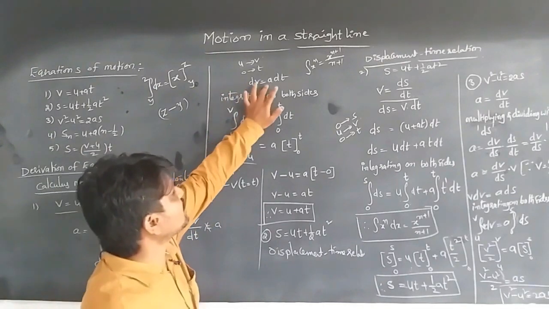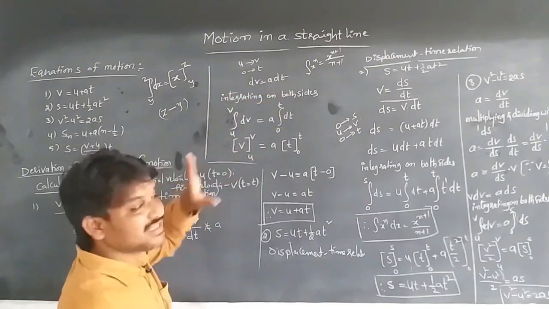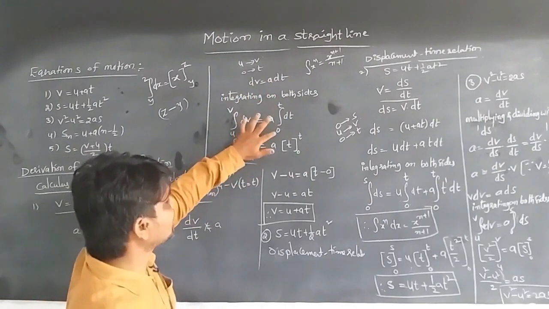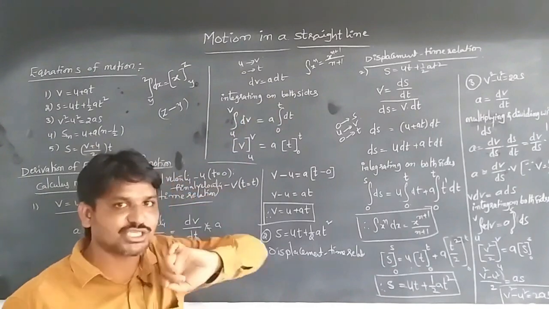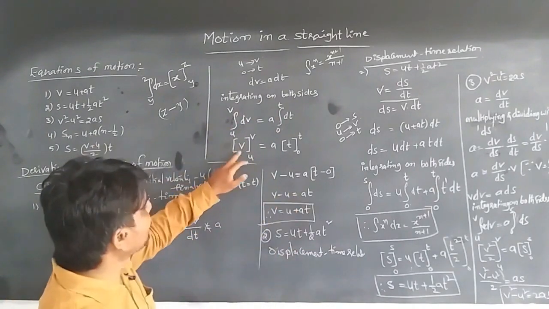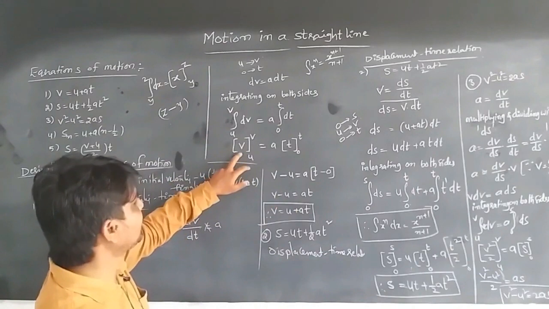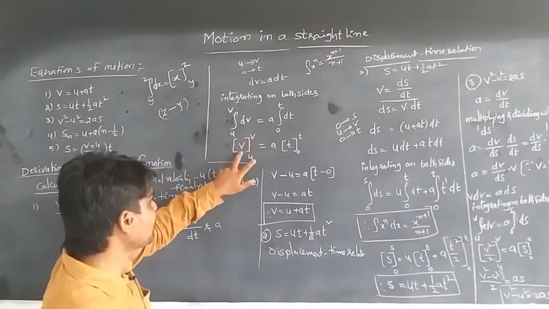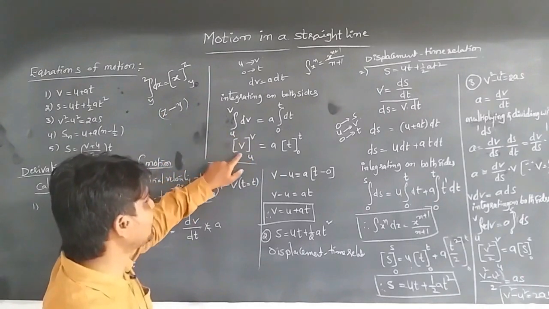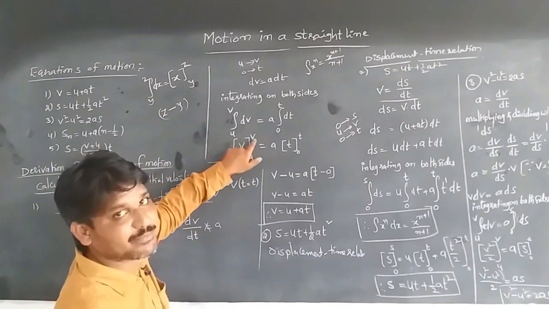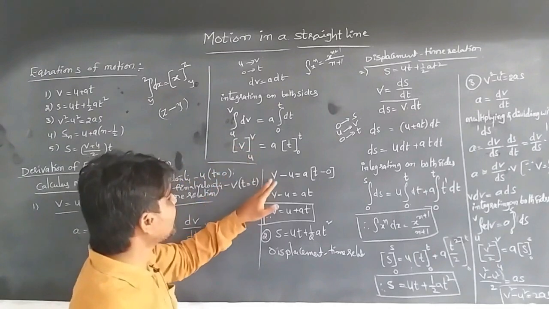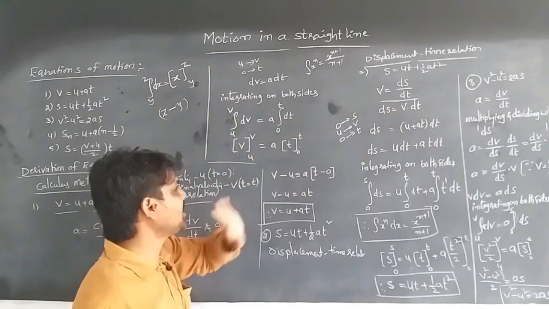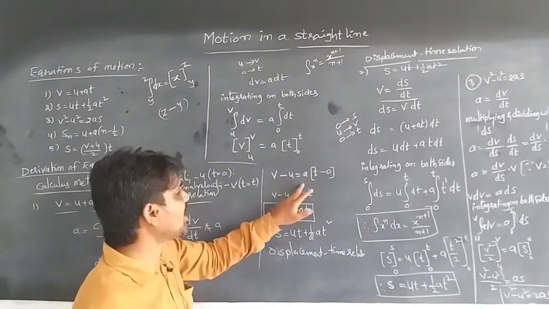From dv is equal to a dt, integrating on both sides between the limits, where the velocity changes from u to v and the time from 0 to t, we get integral dv, that is v between the limits u and v. Applying the limits, upper limit minus lower limit, so v minus u is equal to a into integral dt, that is t between the limits 0 to t. So v minus u is equal to a times t minus 0.